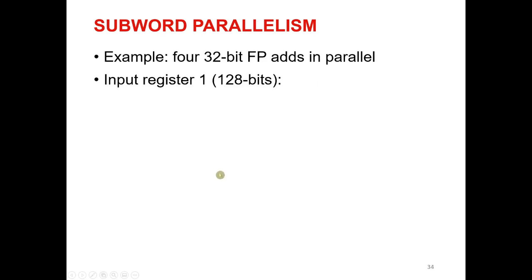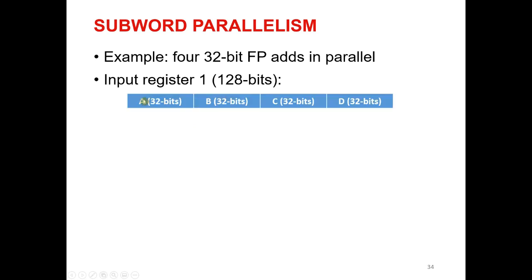So what we are saying here is, if I have an input register of 128 bits, let's say we have a value A in the leftmost 32-bit quadrant, then we have B in the third quadrant, C in the second quadrant, and D in the first quadrant.